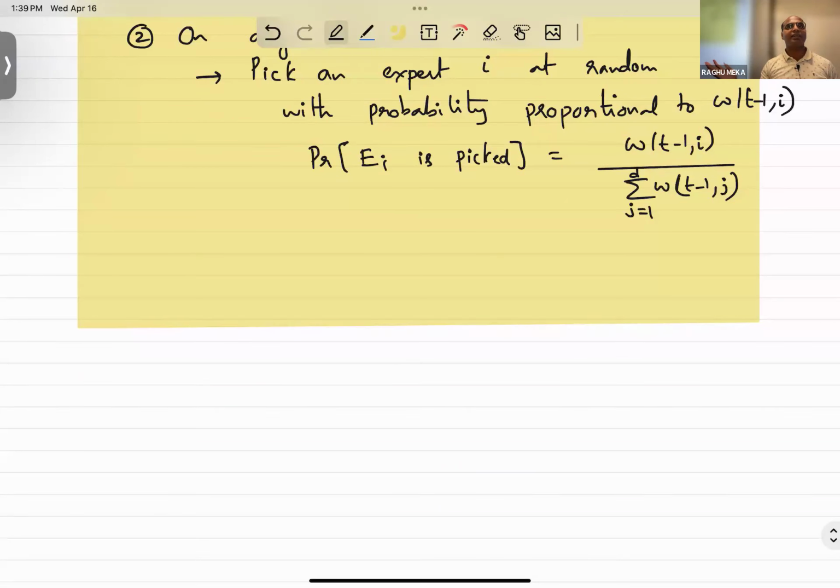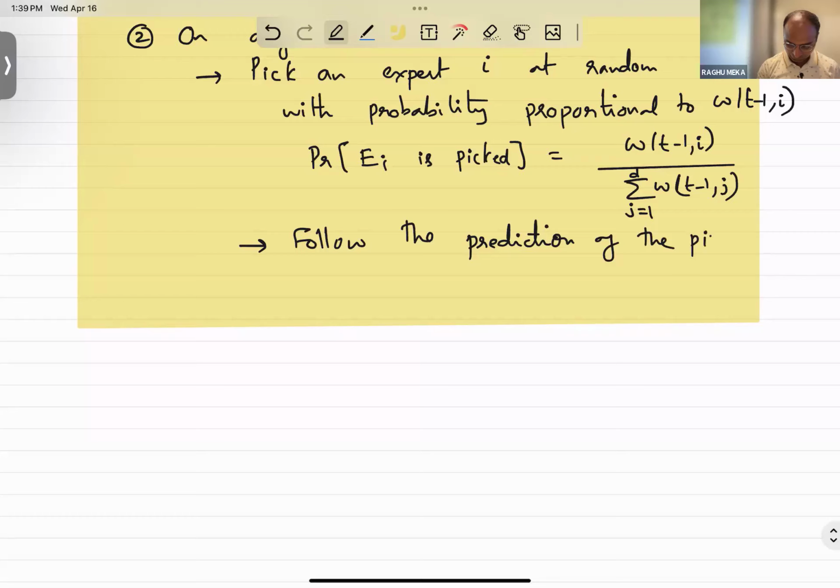We're not going to aggregate the votes anymore. We're going to pick an expert at random based on the weights, and then I'm only going to follow this expert.